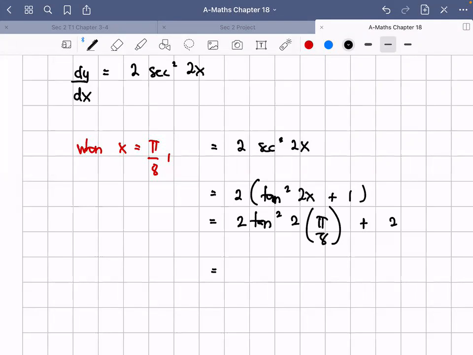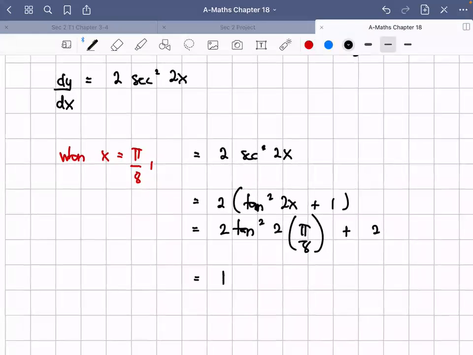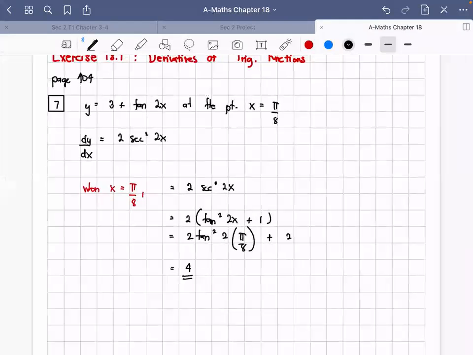Pi. Alright, so your answer is? The answer is 4. Okay, so the gradient here is equal to 4. Okay, so that's number 7.